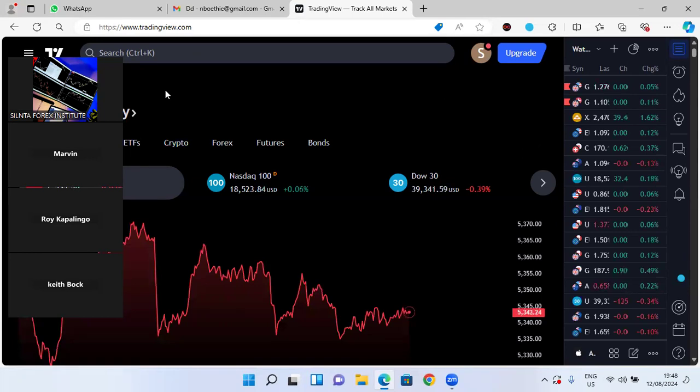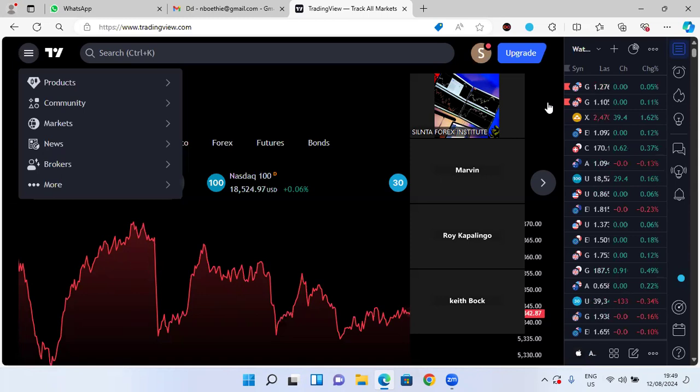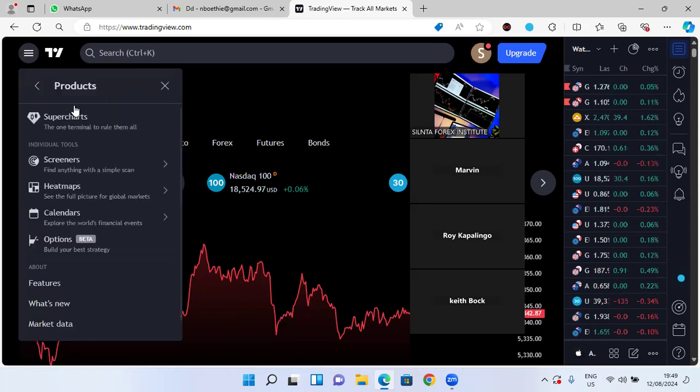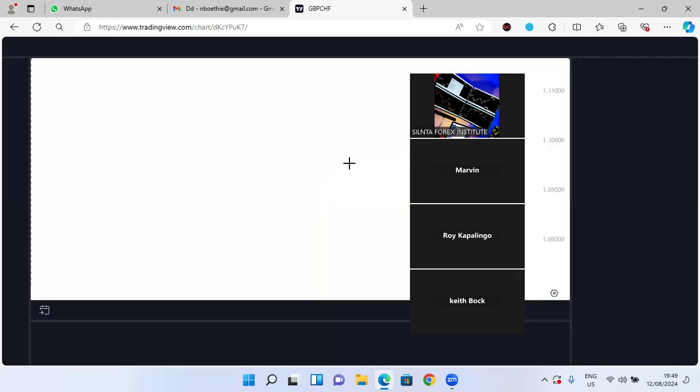I'll teach you TradingView later. This is the website that you'll be using to analyze. You can just simply come to TradingView, then you sign in with your Gmail account. You will click on the menu, product, then super chart. Okay, to go to a chart, super chart.